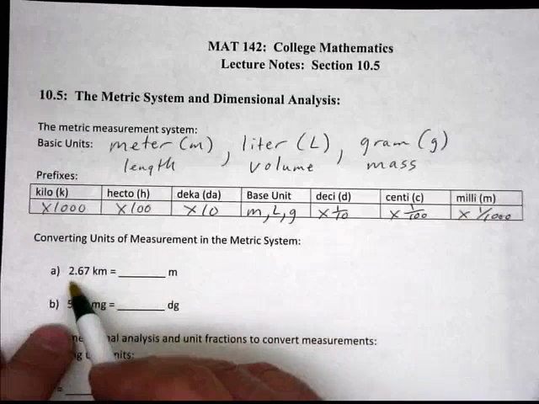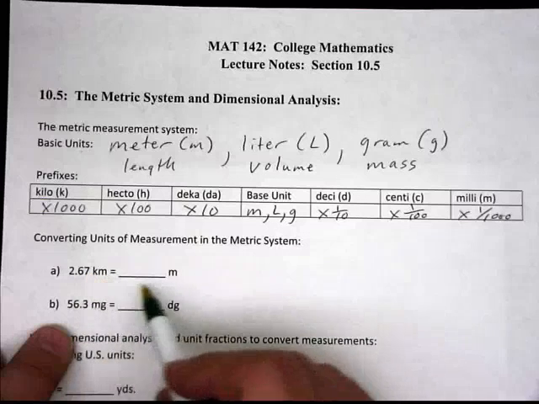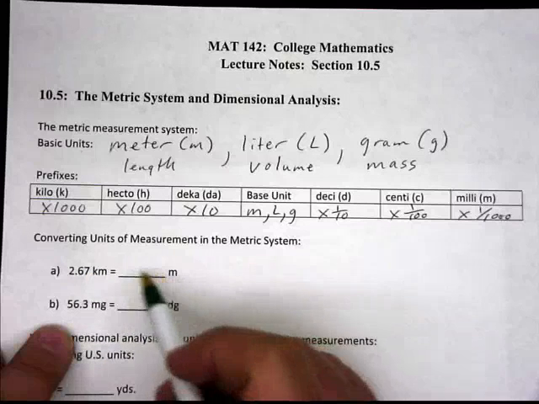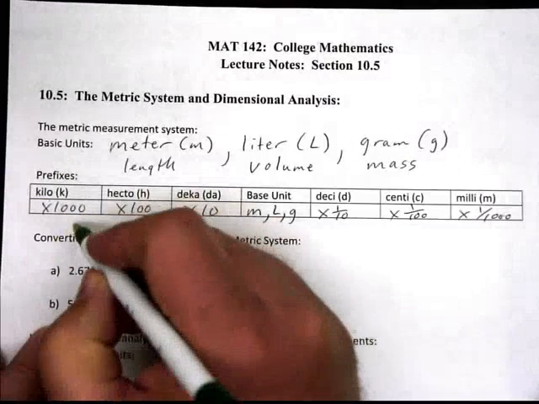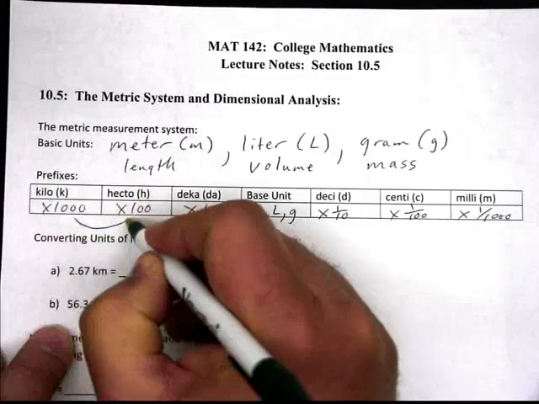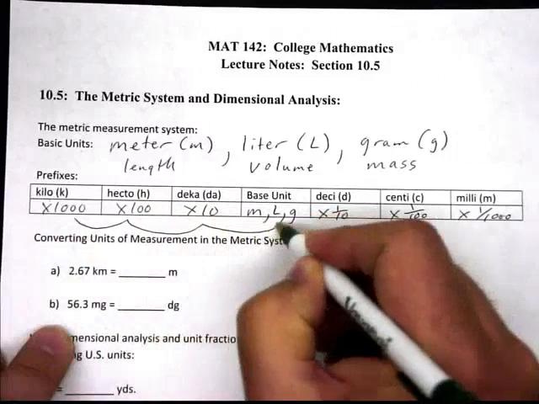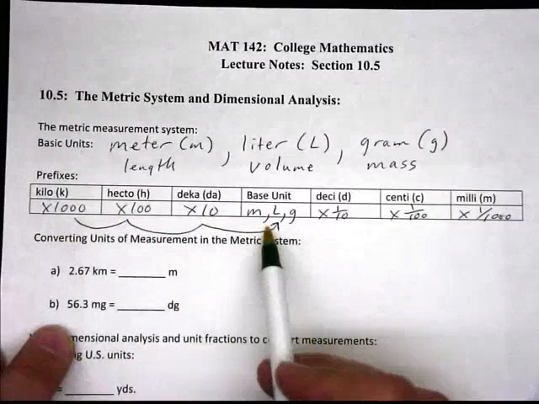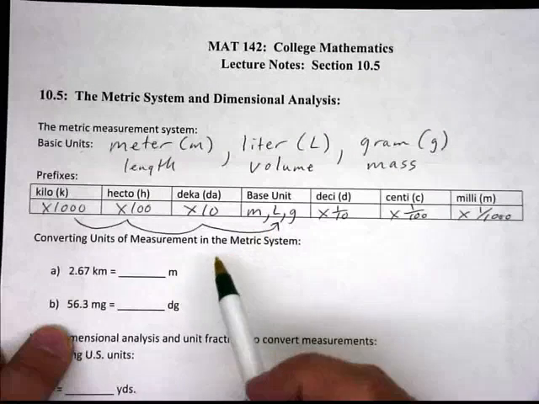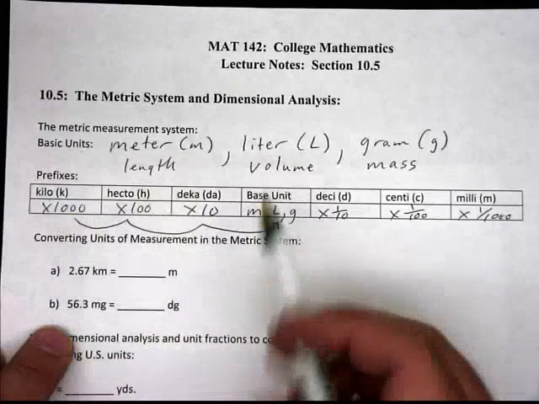So for instance, if we have 2.67 kilometers and we want to change that into meters, in order to change from kilometers to meters, we would start from kilo and we would move over to our base unit. And we're going to move 1, 2, 3 places, which means we're going to multiply by 1,000.